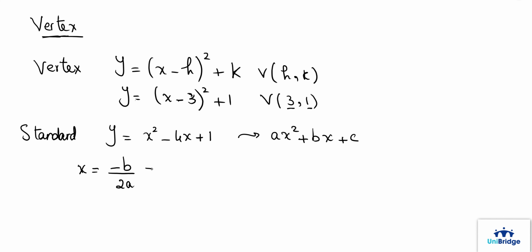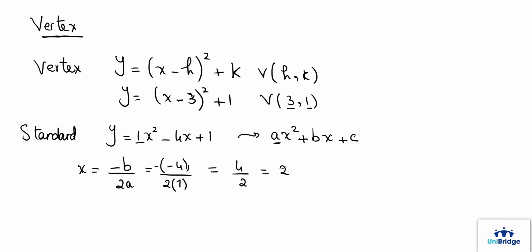So the b is going to be negative 4, so you do negative negative 4, and the a is the number beside the x squared, and since we have 1 beside the x squared, the a is 1, so you multiply 1 by 2. So the x of the vertex is 4 over 2, which is 2.